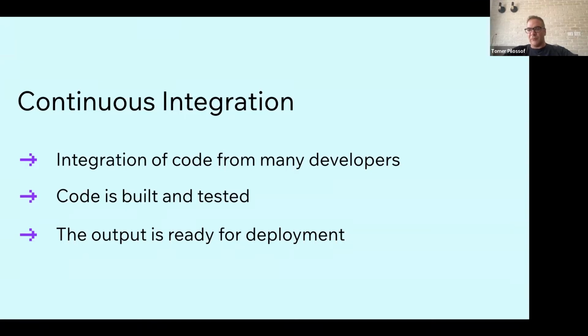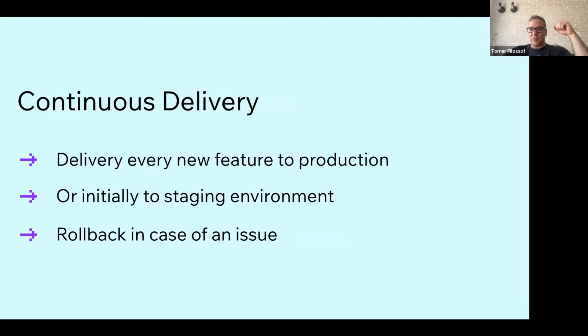So this is continuous integration. And then the output from this is the input for the next step, which is the continuous delivery or CD process. This is the process of taking the packaged code into the production environment.